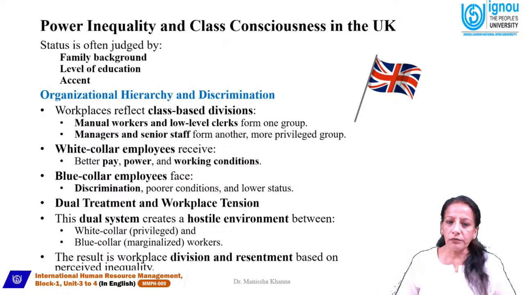Job treatment and workplace tensions create a holistic environment between white collar workers, who are known as the privileged group, and blue collar workers, who are known as the marginalized group. The result of this division is resentment based on perceived inequality at the workplace within the organizational culture.